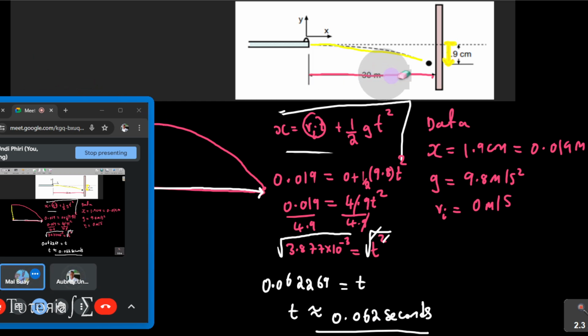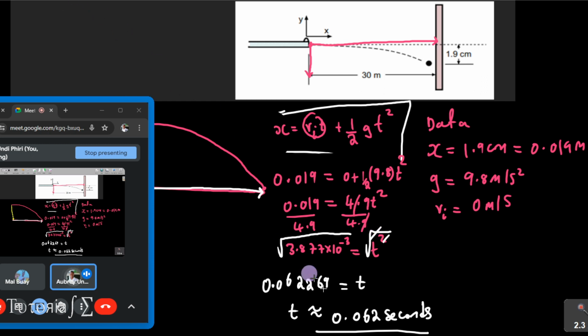So now back to the diagram. The time that we found is the time it takes the ball to go down from this height. It is the same time it takes the ball to move from the starting point here until it reaches that point. Are you seeing that?